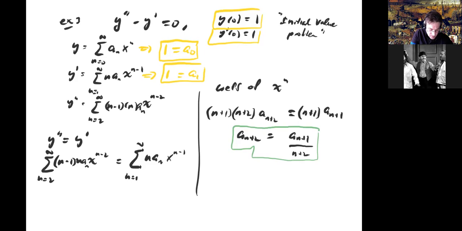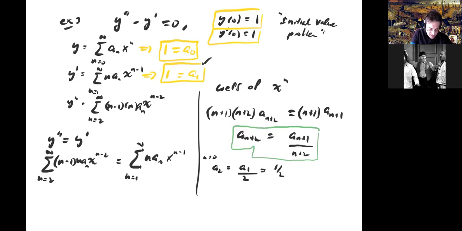So what are we going to do? We're going to set n equal to 0. n equals 0 gives me a sub 2 equals a sub 1 over 2. And we know that a sub 1 is 1 from back here, so this is a half.